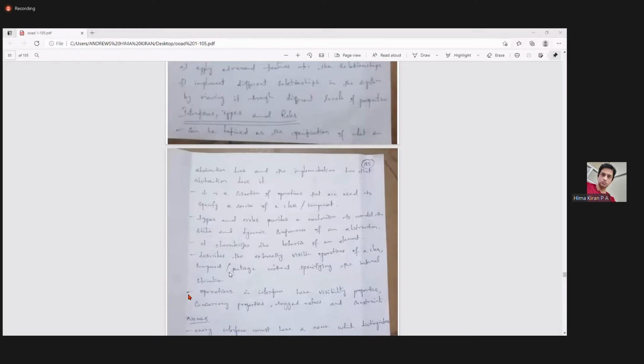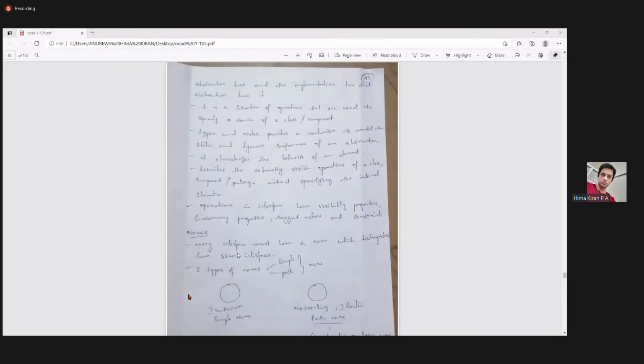Next, it characterizes the behavior of an element. So the interface concentrates on the behavior of the element. The next one, it describes the externally visible operations of a class, component or package without specifying the internal structure.